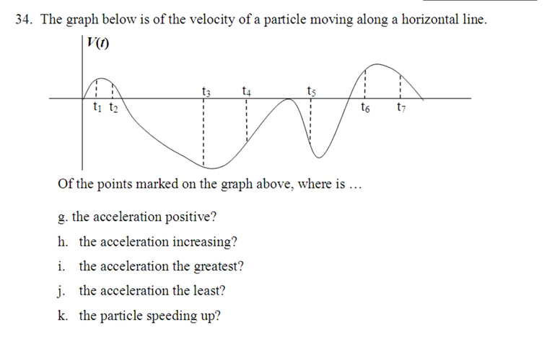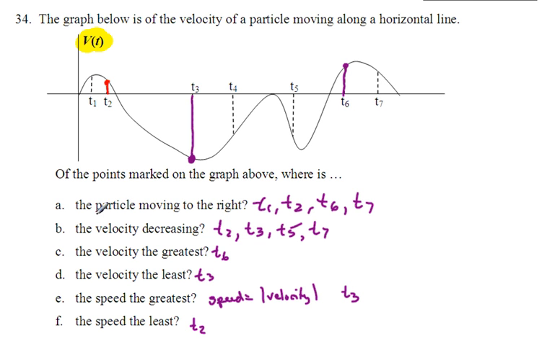All right, continuing on, our next question asks when is acceleration positive? Acceleration is the derivative of velocity, so it is positive anytime my velocity has a positive slope, which is very similar to the question asking when velocity was decreasing, where we were looking for all the negative slopes.